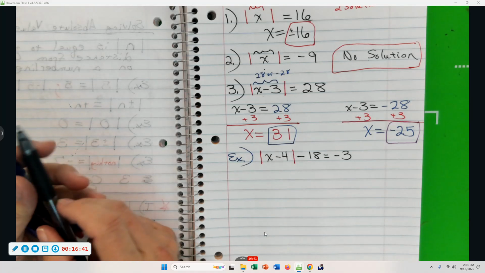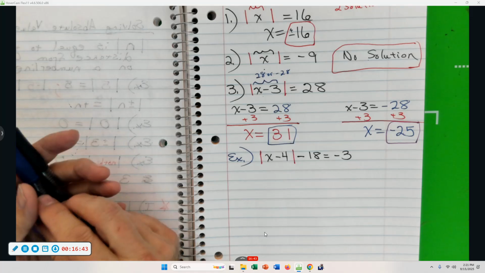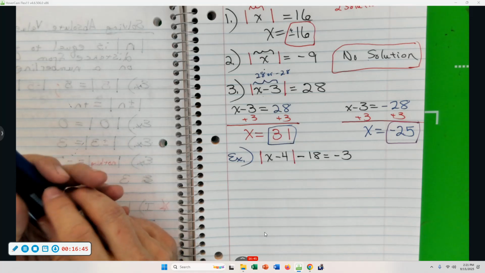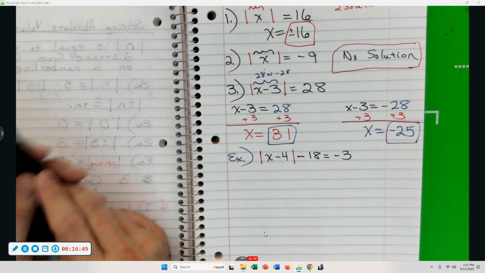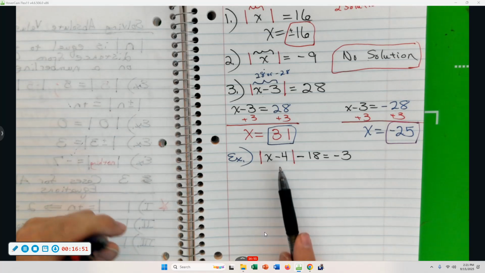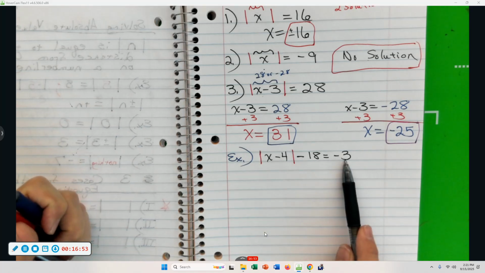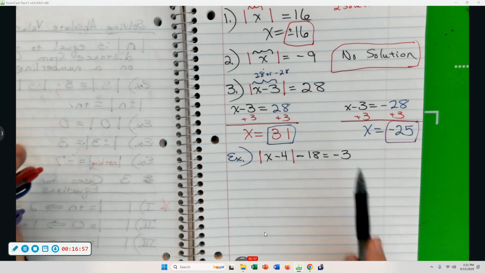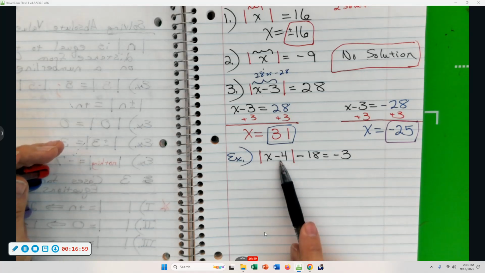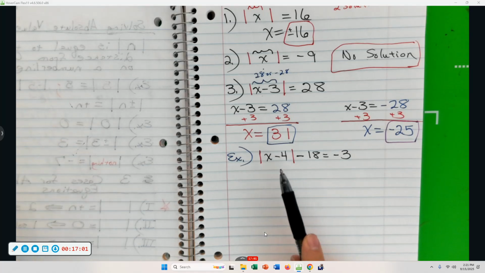Two solutions, one solution, or no solution? No solution. That's the common mistake. You cannot make the decision until the absolute value is by itself. You see that negative there and you think no solution. You cannot decide until the absolute value is by itself.